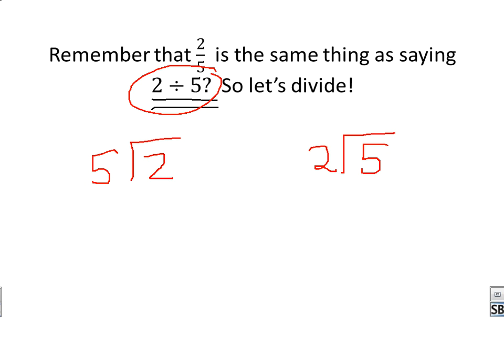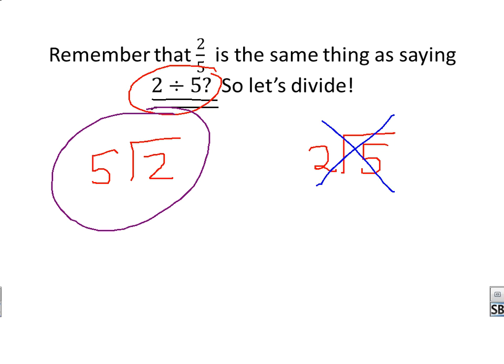Hopefully you said this is the correct answer. We're not doing 5 divided by 2. We're doing 2 divided by 5. Again, write this in your notes if you need to. The numerator always goes on the inside.